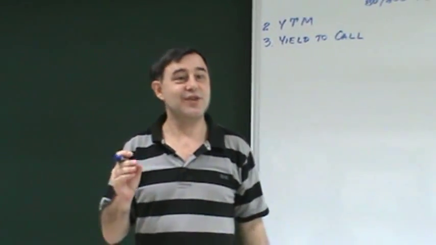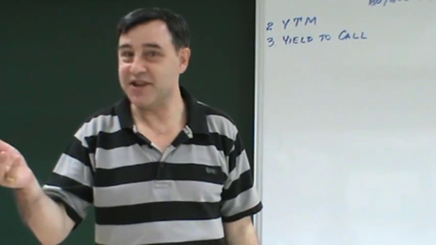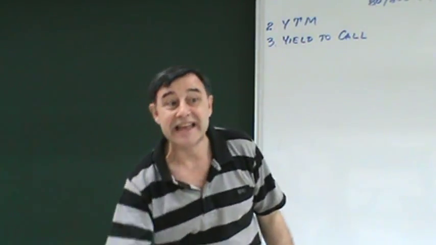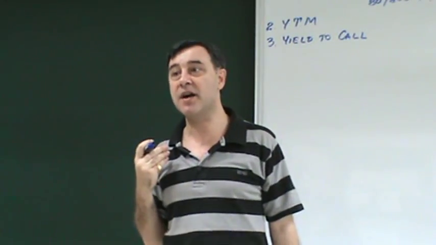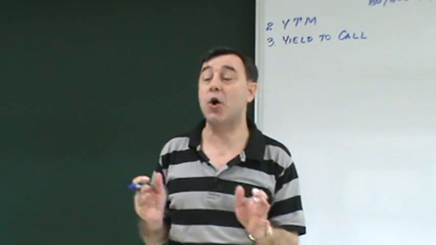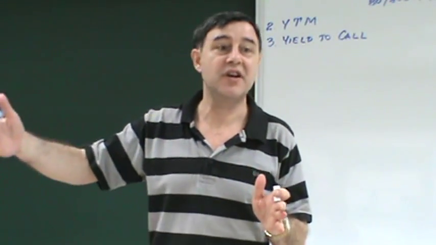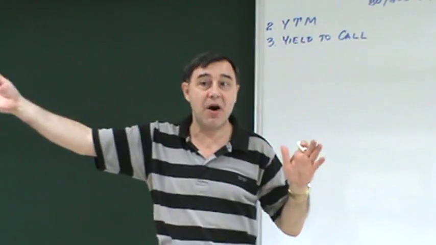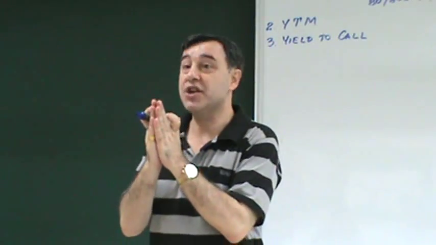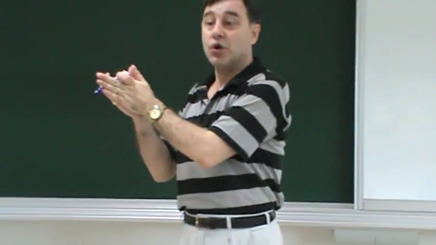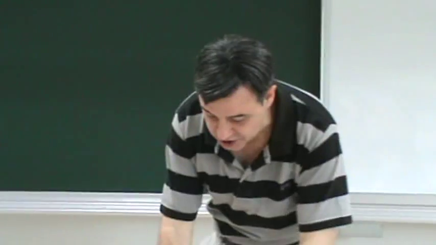Again, for those of you who just took the exam, call provision means that the issuer can call back the bond whenever is agreed. For example, they may call back the bond after 5 years of holding it, all right? So if it's a 10-year bond, they can call it on year 5, or year 6, or year 7, or year 8, and so on.